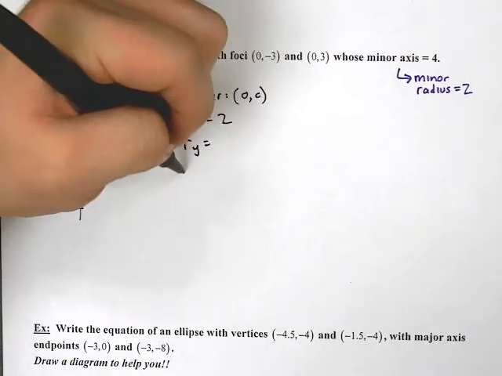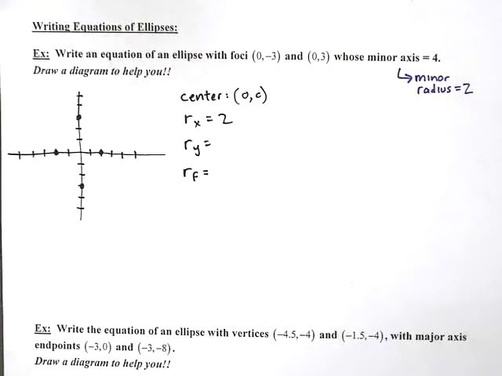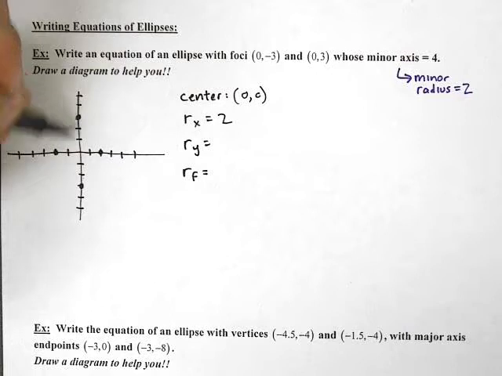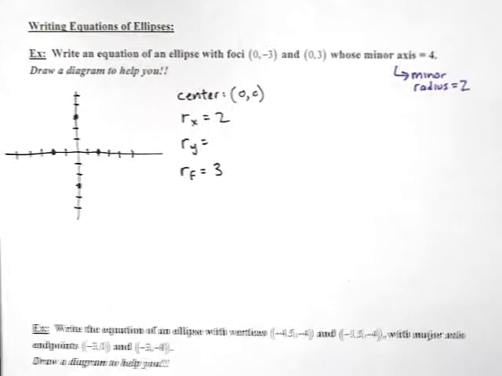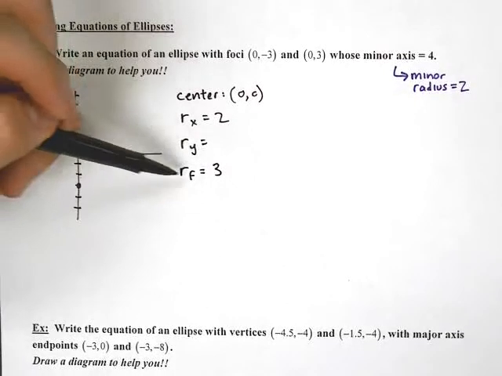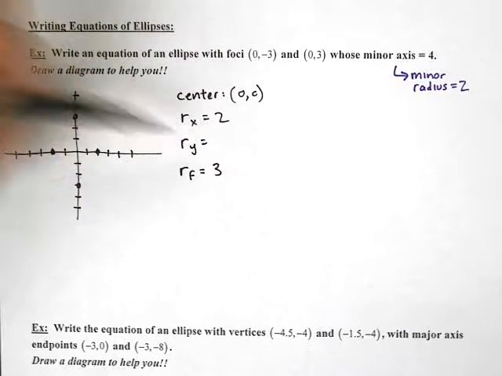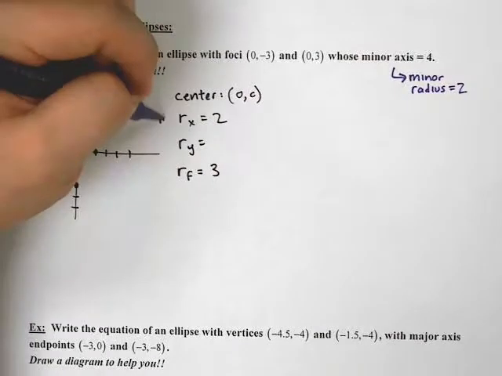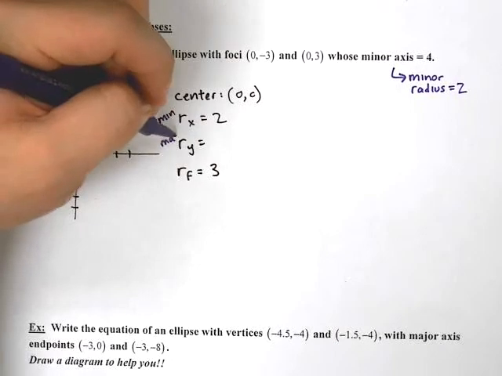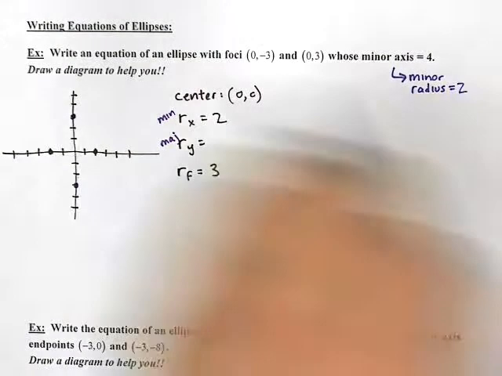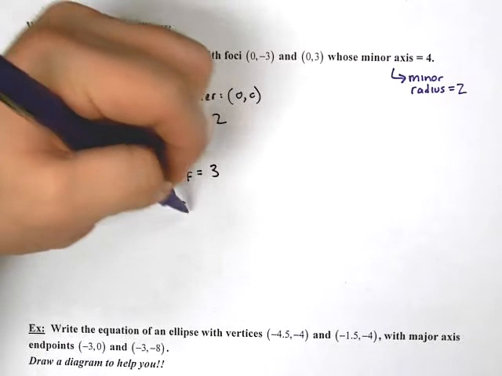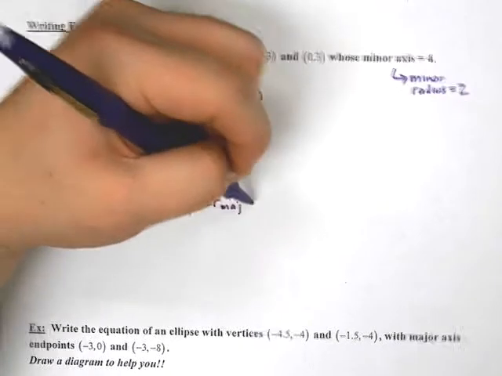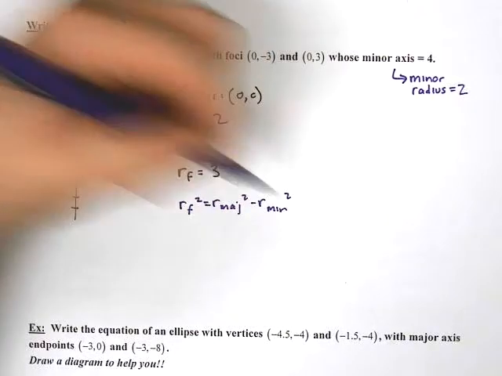We still need to do something with that. But we also know that our focal radius was 3, right? If the center was at (0, 0), up 3, down 3, so we know that that's a 3. And we're going to use these two facts to get to r sub y. Because remember, this is the minor, this is the major. And what is that formula again? R sub f squared equals r major squared minus r minor squared.